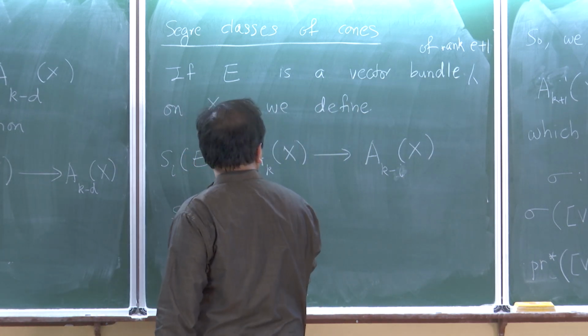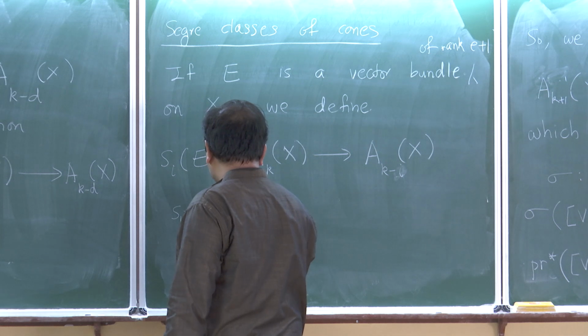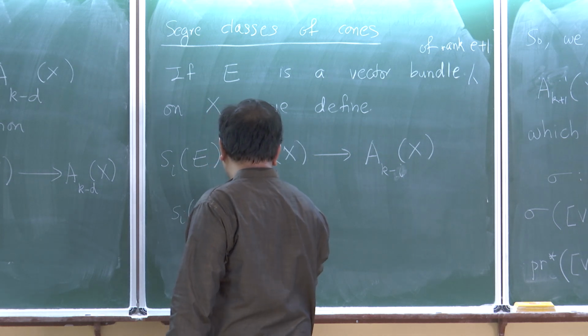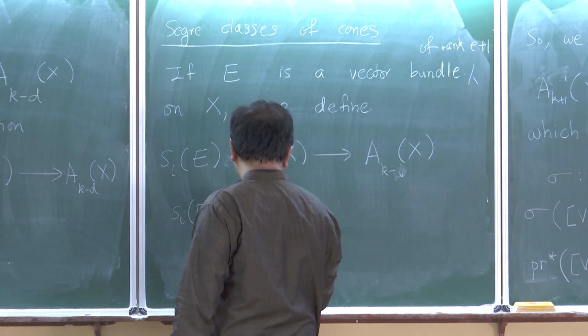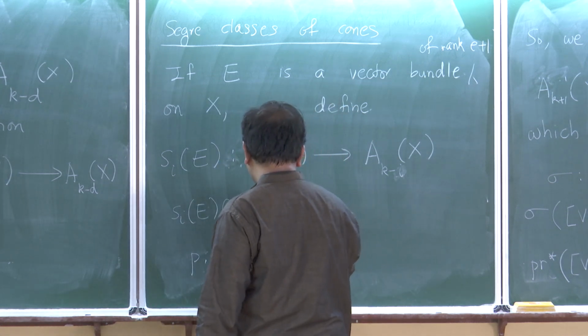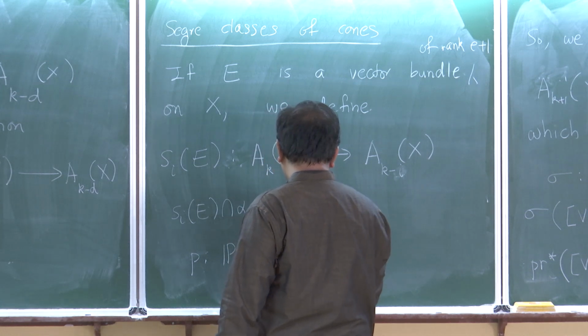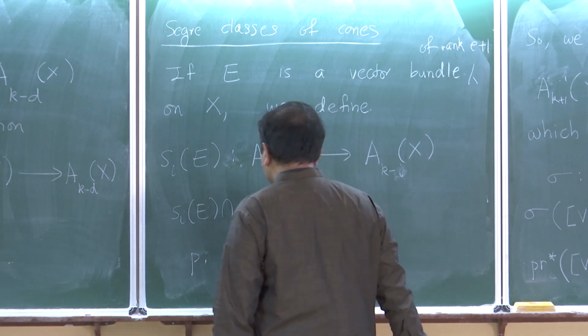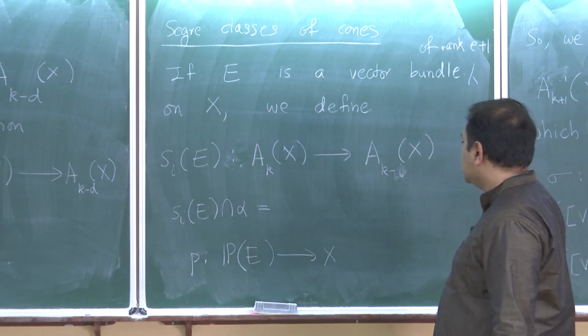Let's say p from the projectivization P(E) to X is the usual map.